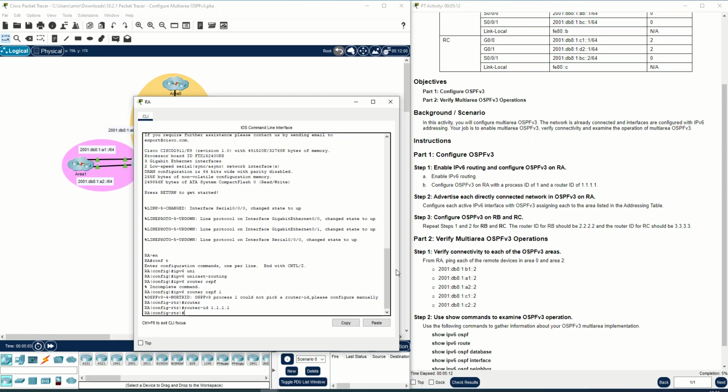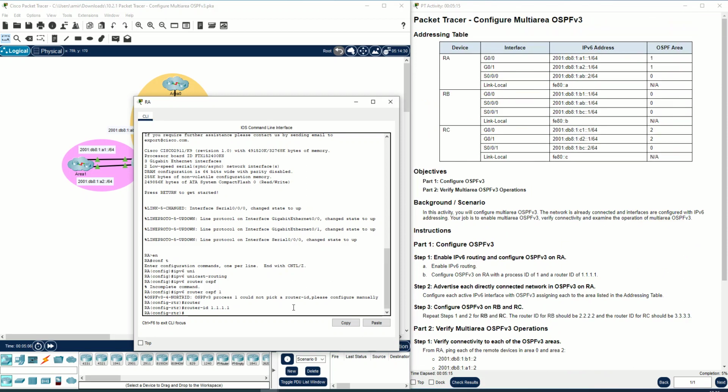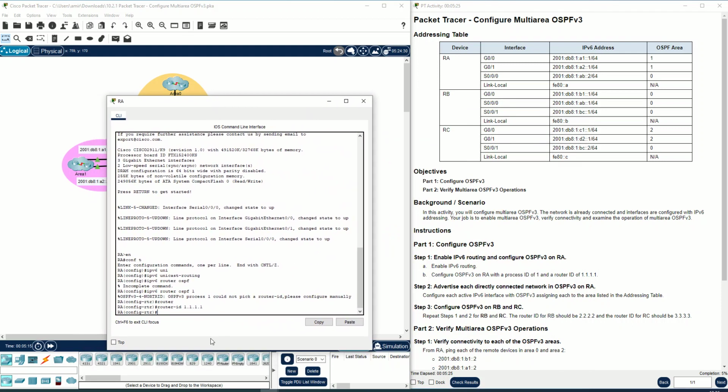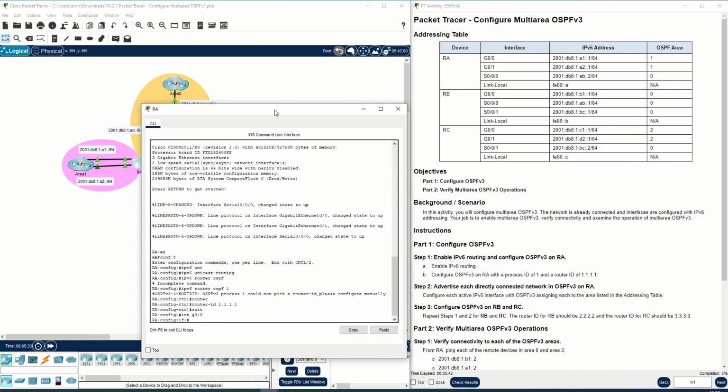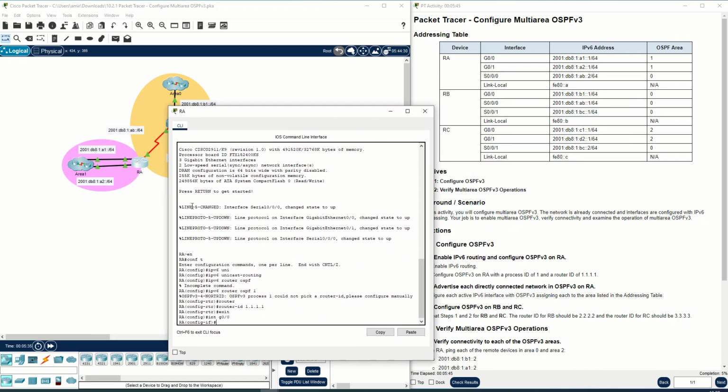Based on the addressing table, we should propagate or advertise the networks that are connected directly to router A. In this situation, you can use interface configuration, interface G0/0 here and also G0/1, both of them.